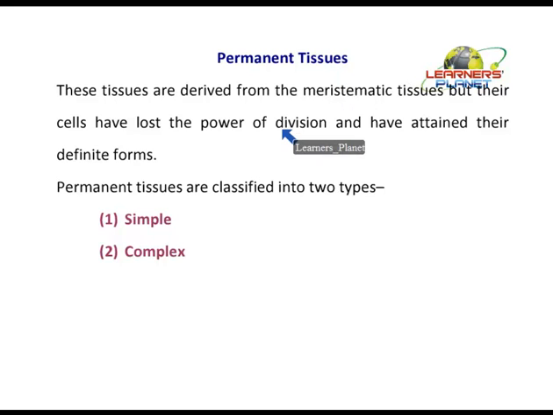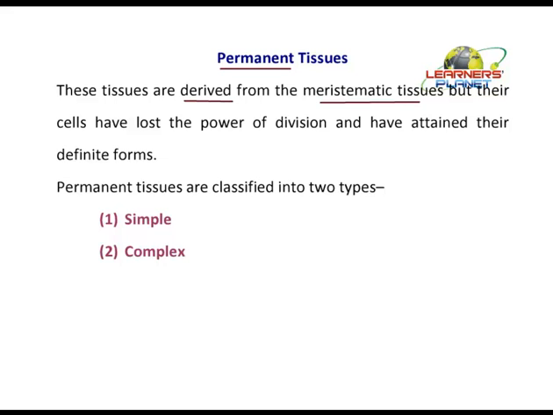Before we go in depth on this topic, let us start by briefing the idea. Permanent tissues are derived from meristematic tissues only. You remember what we said about the meristematic tissues?